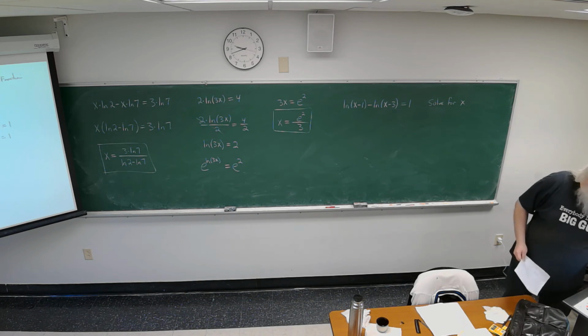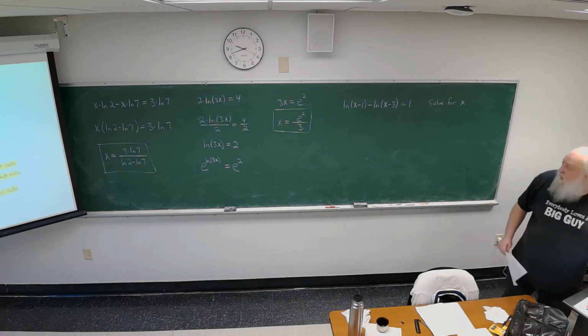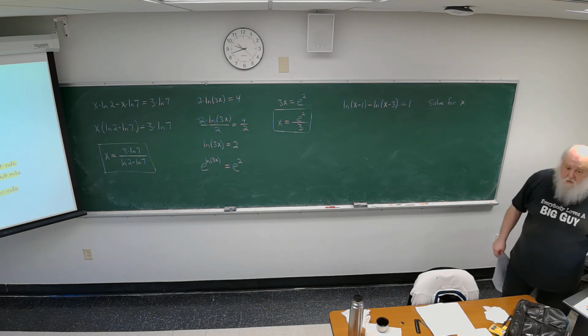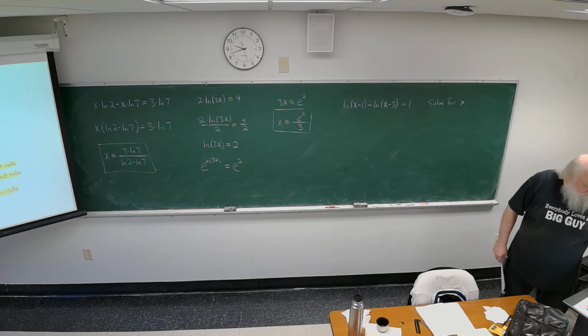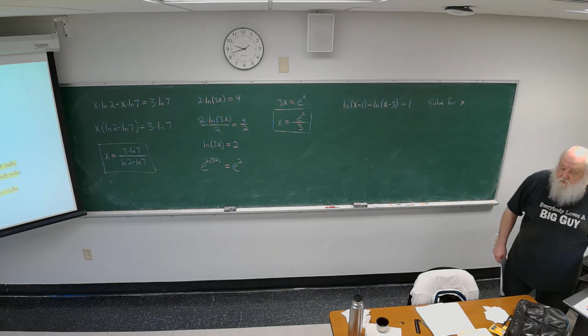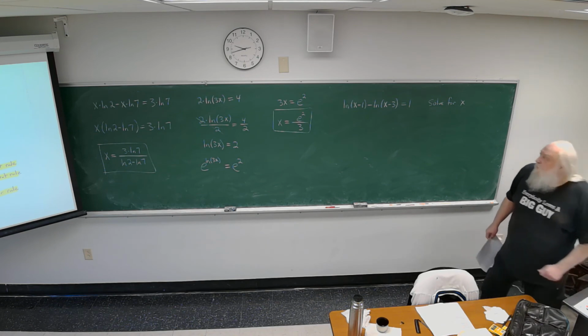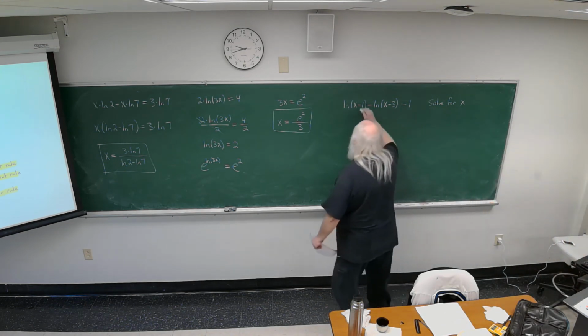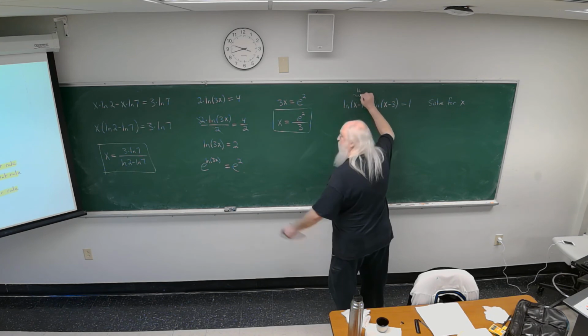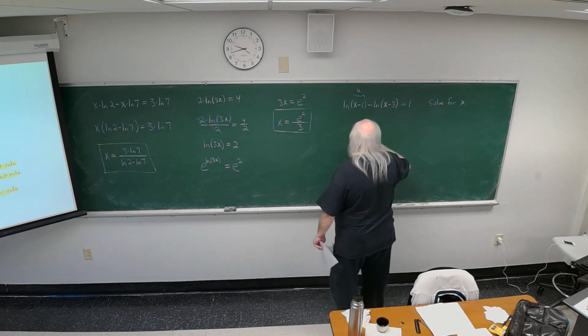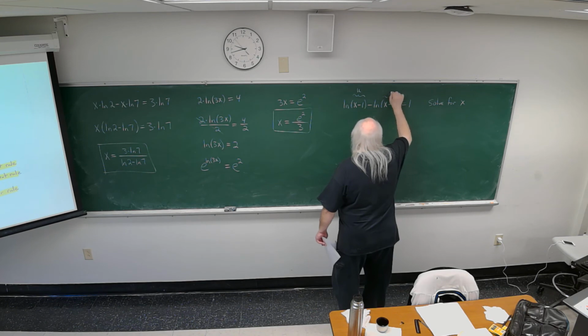Well, you'll notice that on the left-hand side, we have a difference of natural logs. And by the quotient rule, the natural log of u over v is the natural log of u minus the natural log of v. If we switch the two sides of this equation, we have the natural log of u minus the natural log of v is equal to the natural log of u over v.